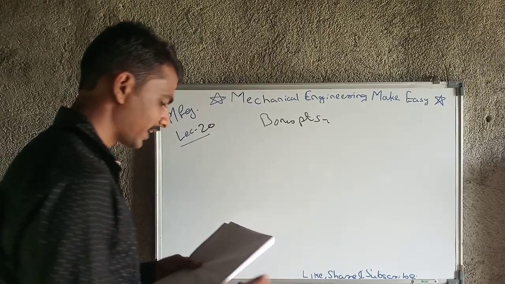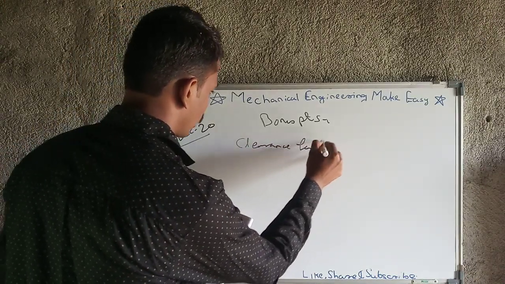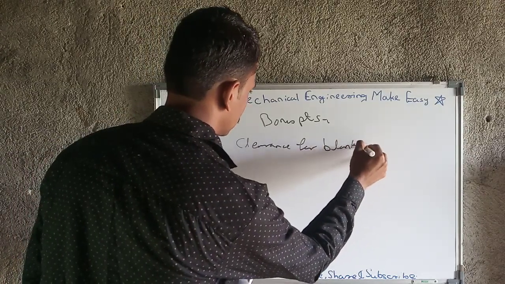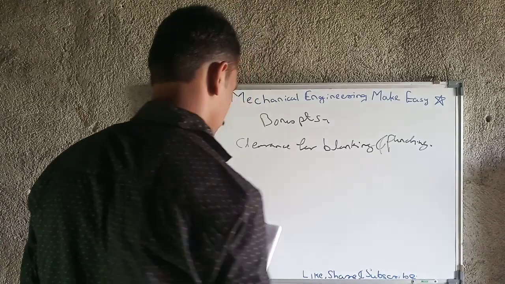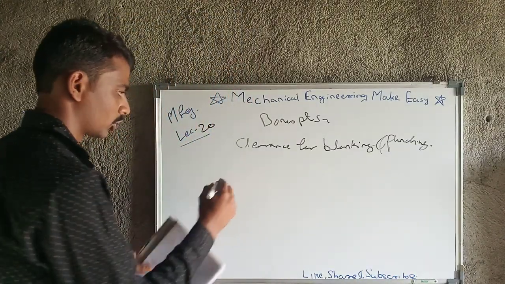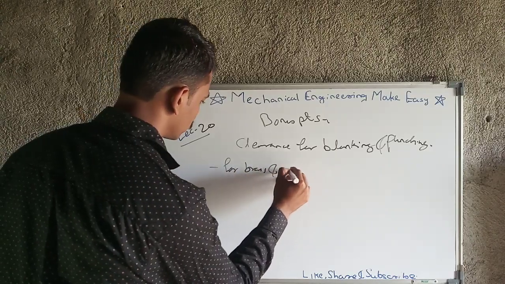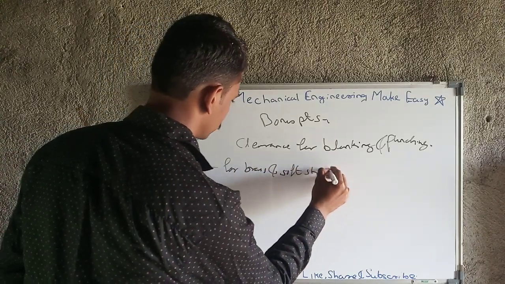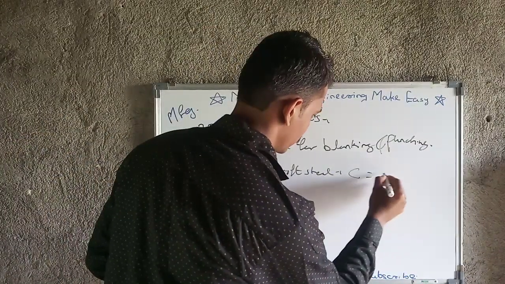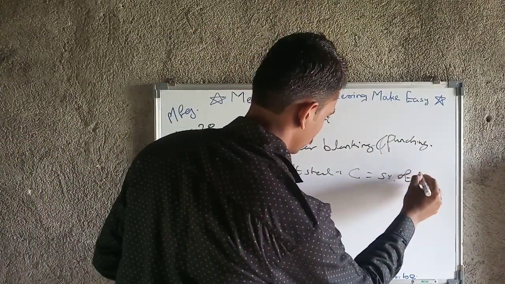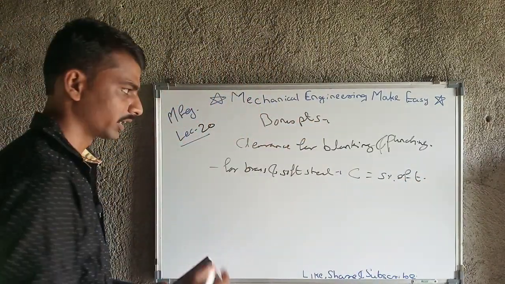The clearance for blanking and punching: for brass and soft steel, that clearance value will be 5% of thickness.